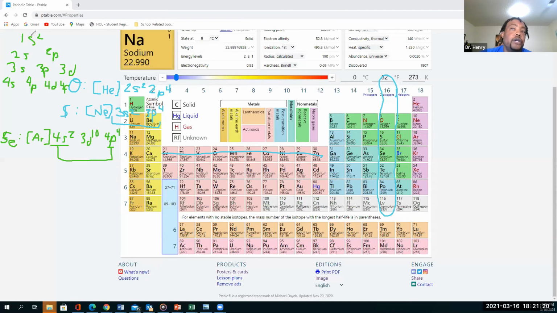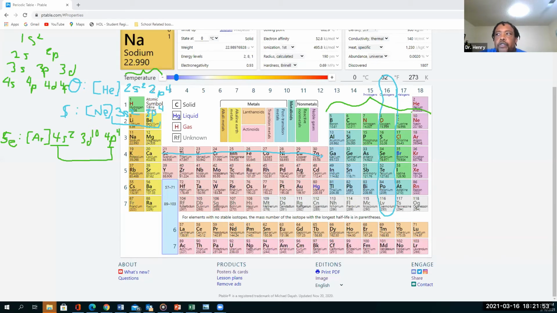Since the 3d is completely full, it's no longer able to be used for reacting. The only things that are going to be used for reacting are the ones in that outer shell, the 4s and the 4p. So when we get over here, we're really just looking at the s and the p for valence electrons.